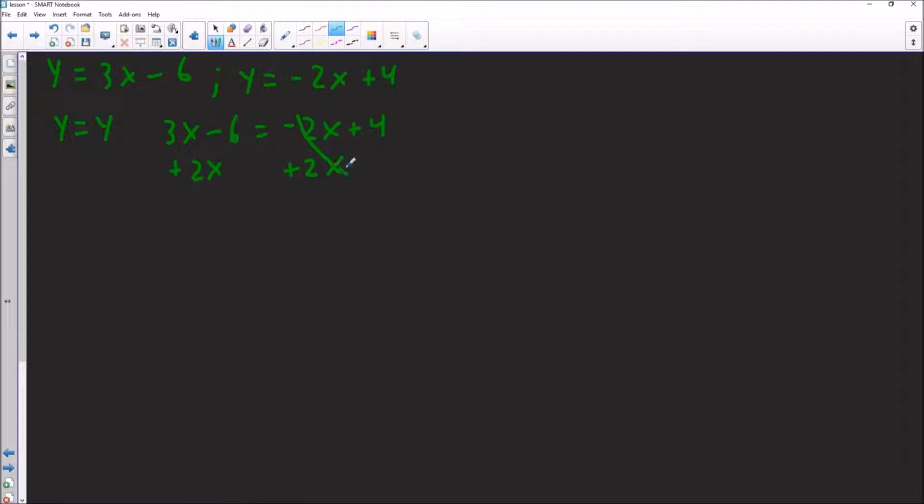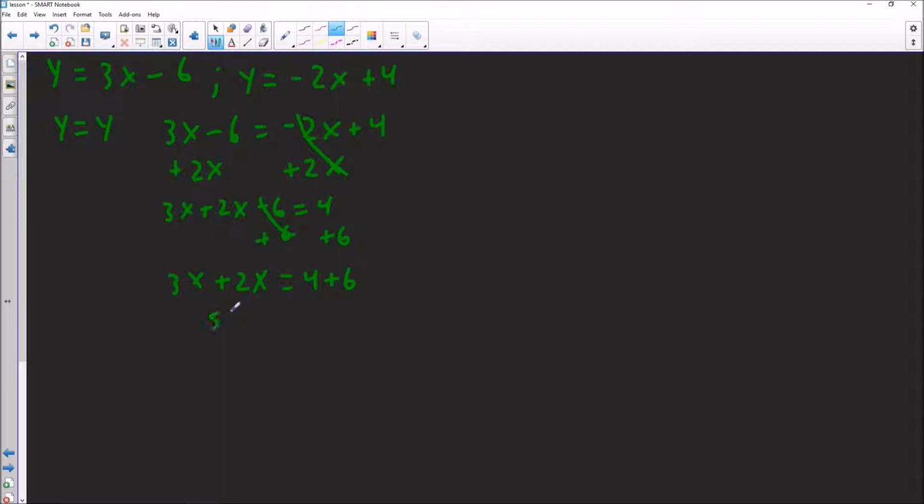So we're going to move the x's over to this side, so we're going to have 3x plus 2x minus 6 is equal to 4. We're going to get the integers over to the other side, so plus 6, that cancels those out, so we're going to have 3x plus 2x is equal to 4 plus 6.